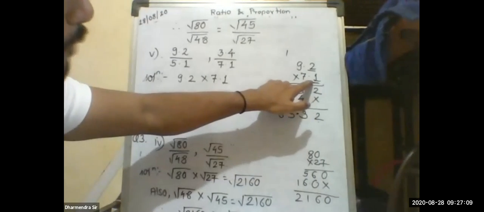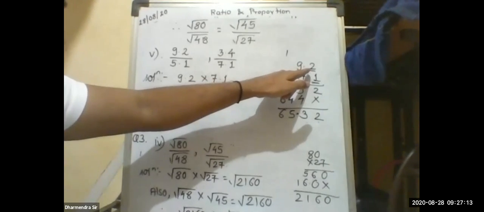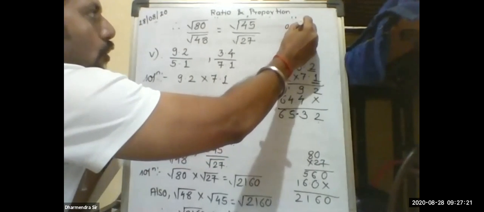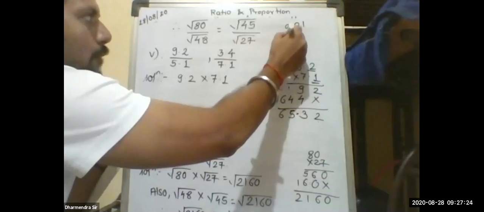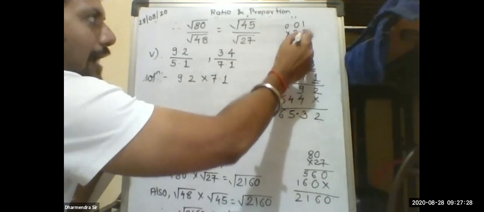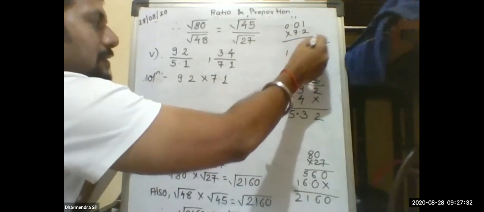From here you have to count 1, from here you have to count 1. In case suppose we are having 2 digits after the decimal in one number, say 0.01 into 7.2, whatever answer you are going to get, you are going to have 3 digits after the decimal.